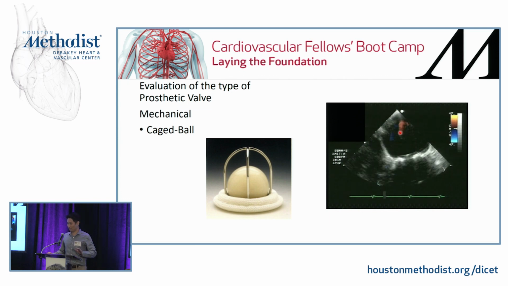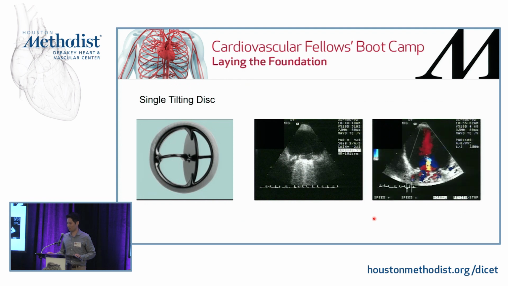The classic caged ball echo finding is that there is no washing jet. A washing jet is a regurgitant jet that is a function of the valve, made to decrease the risk of thrombi. In a caged ball, there are no washing jets. That's the main thing with that.